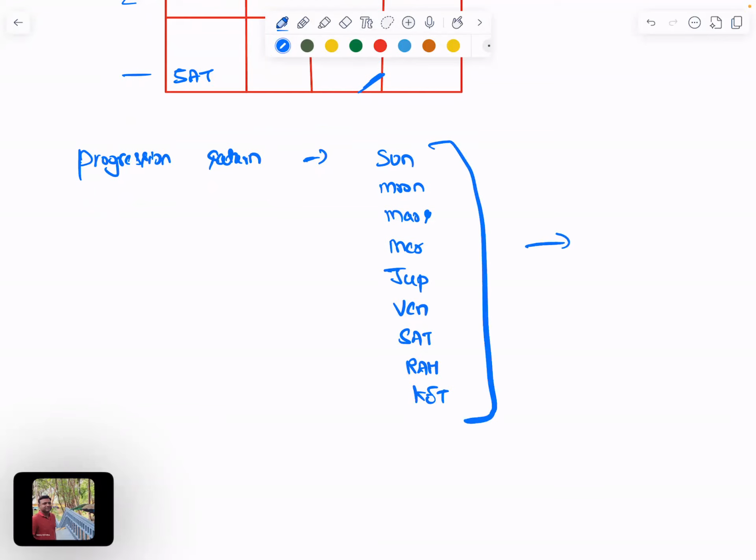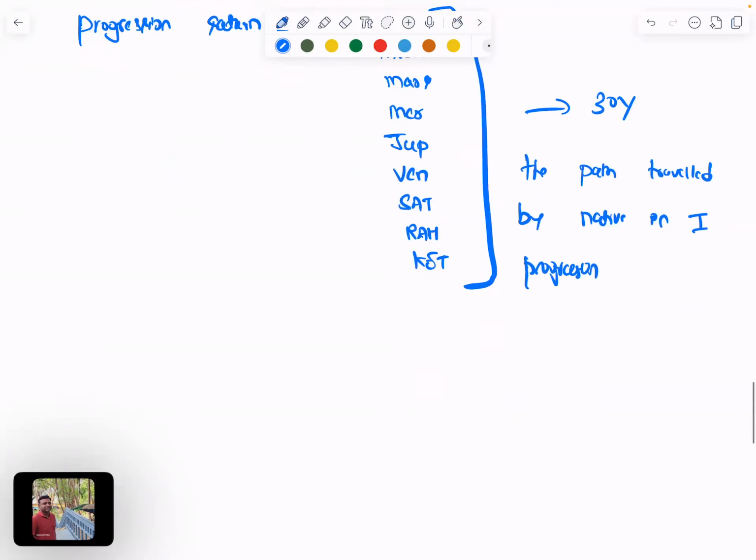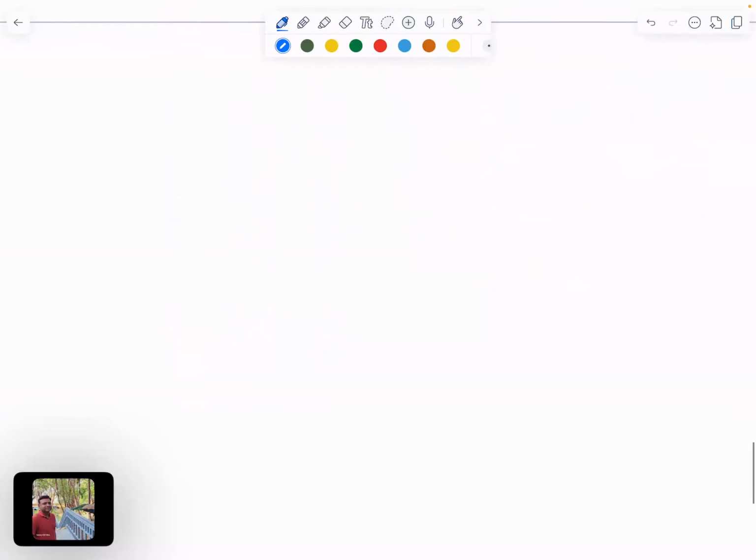This 30 years cycle, considering it is at the initial degree, will determine the path traveled by the native in the first progression. And the second progression, third progression; at most, the third progression will end for many. For some people, it will go to a fourth progression also. But in each progression, certain minor variations and results will be there. That we will see.